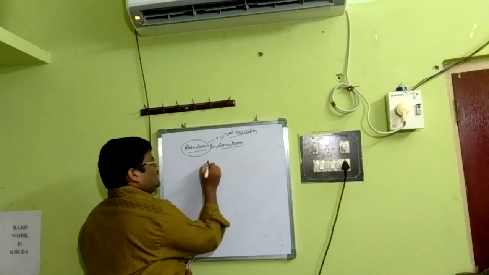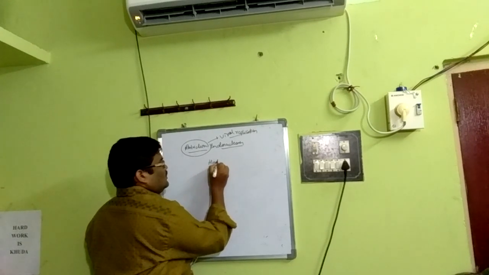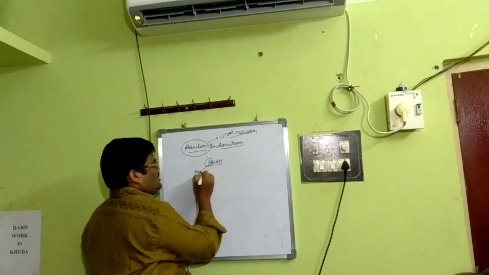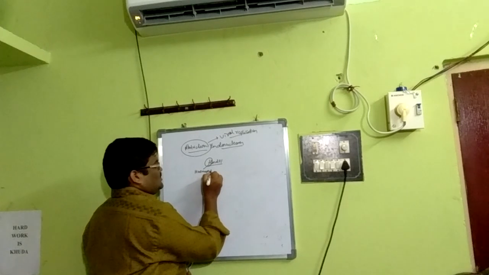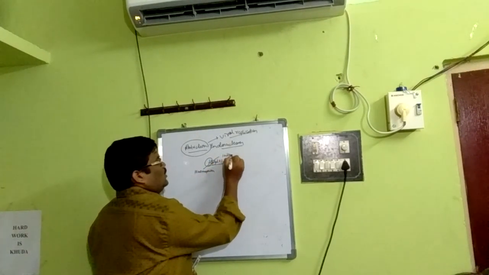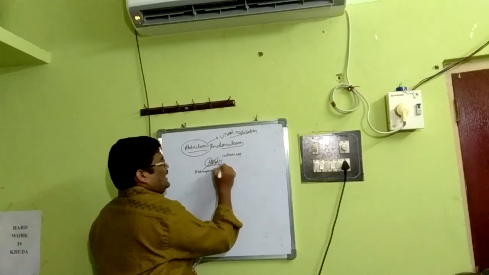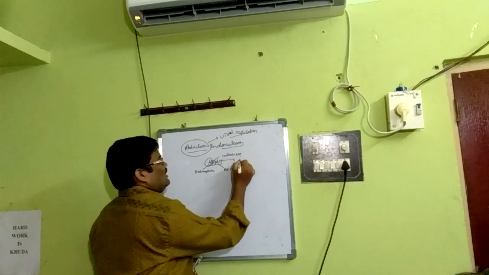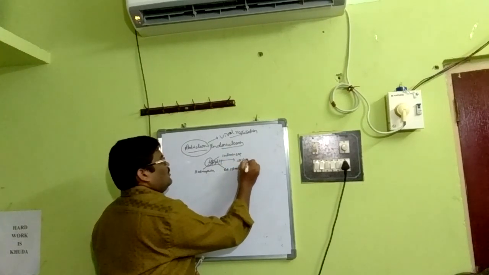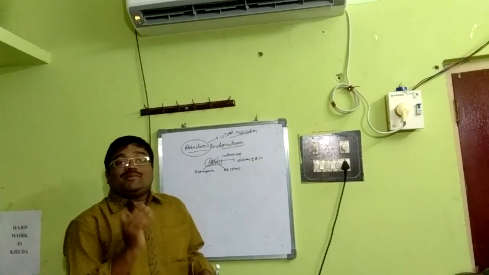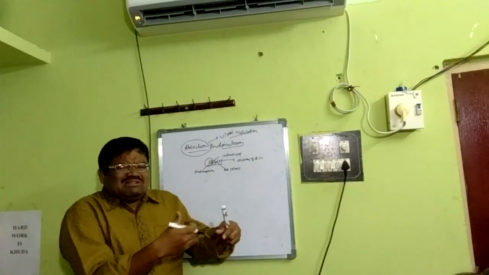Say Hind III. Hin: H means Haemophilus, In means influenzae, and d means the strain name, Rd. This is the name of the strain, and this is the discovery of the restriction endonuclease.